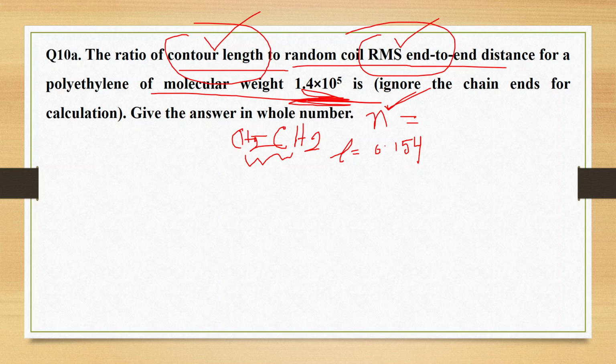If you do not remember, go to the slides and see the formula for contour length and for RMS end-to-end distance, and what the value for contour length is. And then it is very easy. The molecular weight is given, you just have to calculate the number of bonds, the number of segments.